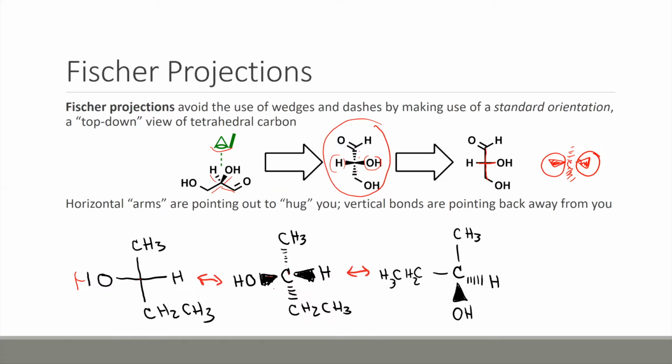If you wanted to think about this as our projection we've seen normally, where we have only one wedge and one dash showing one thing coming forward and one going back, and the other in the same plane with solid lines like this, you actually would have to think about setting one of these two groups up at an angle into the plane so that they are in this position, a 90-degree position.